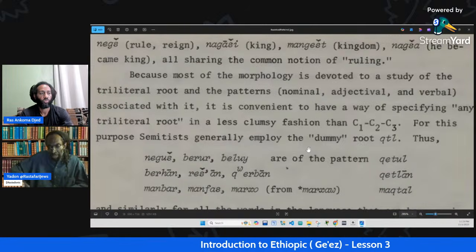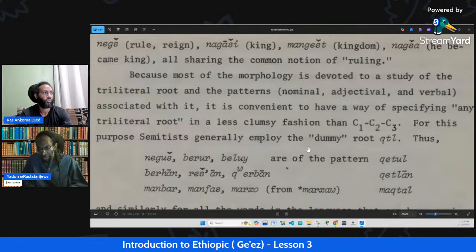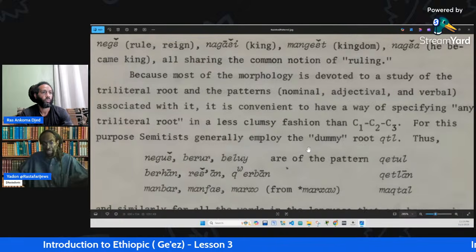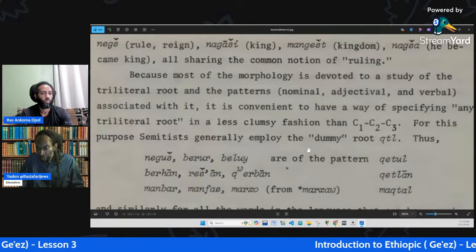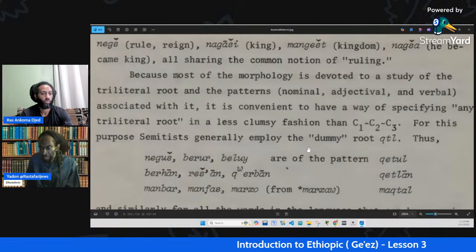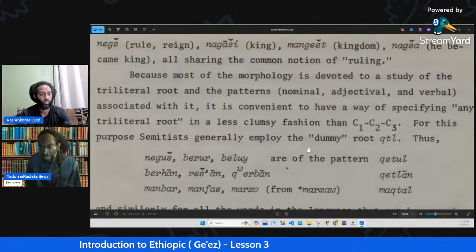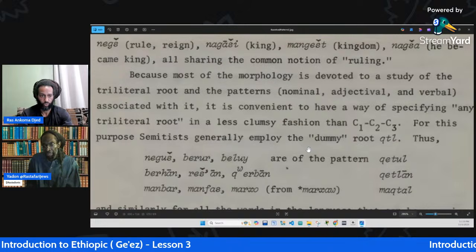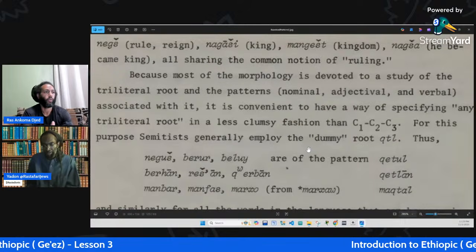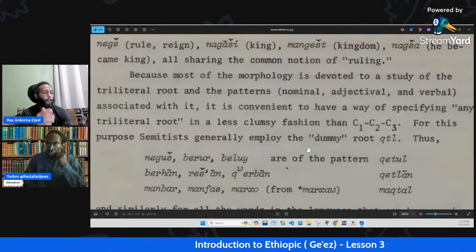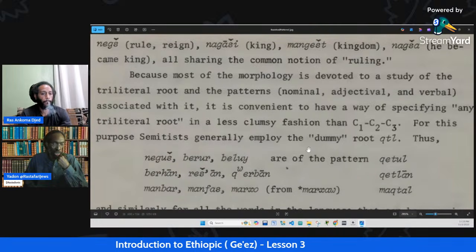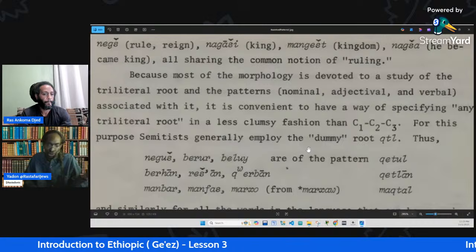That's kingdom, where the king, the Negashi, rules. Then the next one is negsha. Negsha means that he became king. Negush, right?